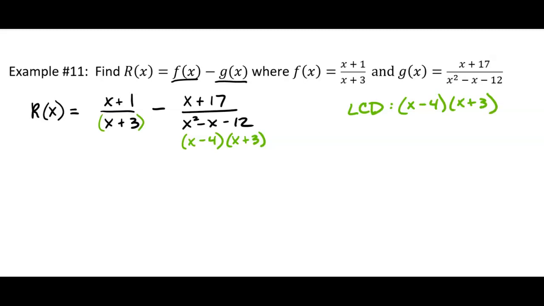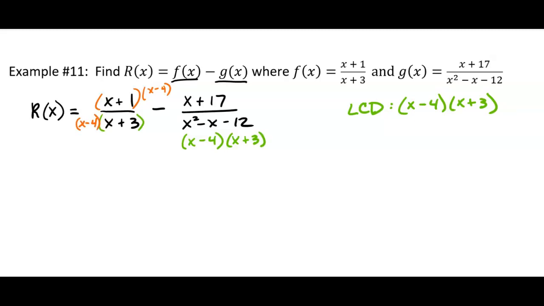So we have the denominator in the second rational expression, but in the first one we're going to have to multiply by x minus 4. So I'm going to have to put that in parentheses and make it times x minus 4. And then I can put the x minus 4 down here, but that's what we're doing. We're getting a common denominator.